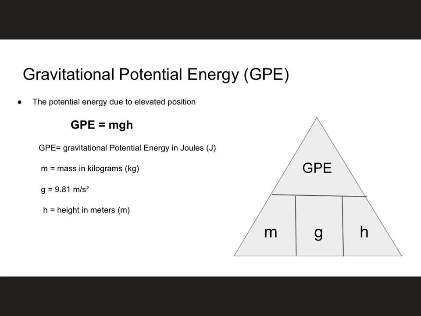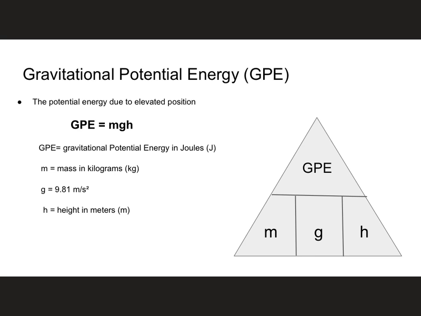Okay, so there is another type of potential energy. This is called gravitational potential energy. This is just potential energy due to an elevated position. So as an object is resting at a height off the Earth's surface, it's getting more energy because gravity is now in play. We have a formula: GPE equals mass in kilograms times g, which is 9.81.